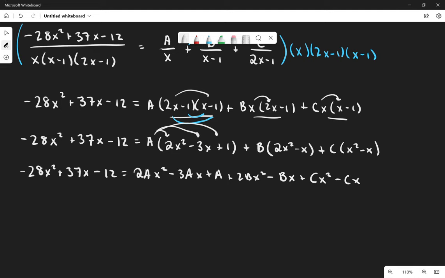And now I'm going to group together all my x squared terms, my x terms, and my constant terms. So I've still got this on the left-hand side. Group together all my x squareds. I've got 2a, 2b, and c. Where's my x's? I'll do those in red.